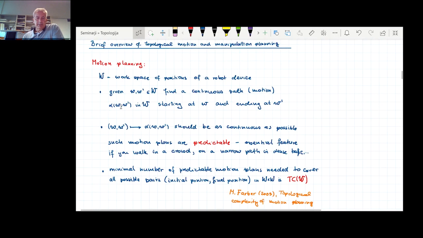So this path should start at the first point W, and end at the point W prime. Okay? So that's just the classical formulation of the motion planning.